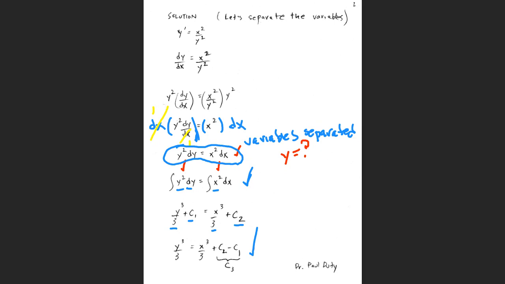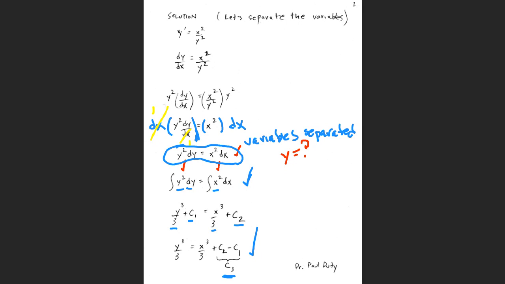Certainly that's true. And c2 minus c1, I'll just call that constant c3.